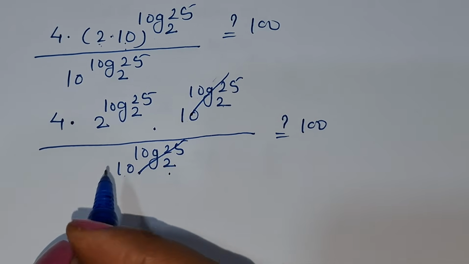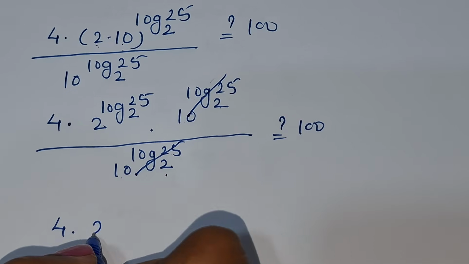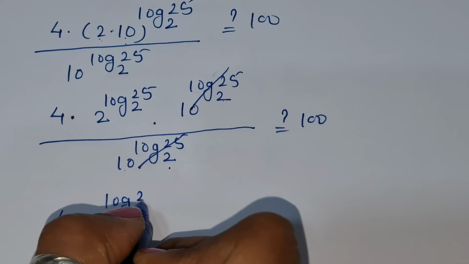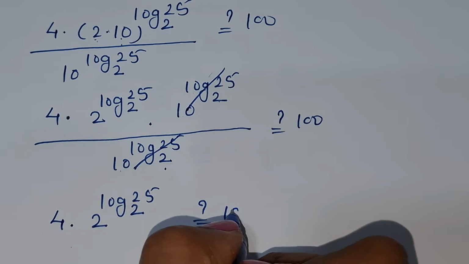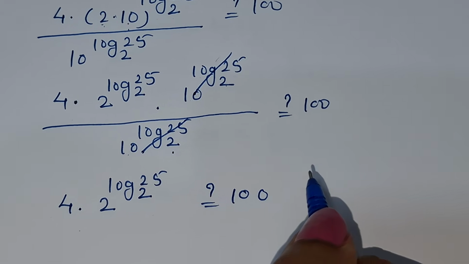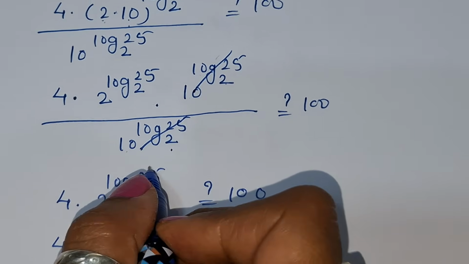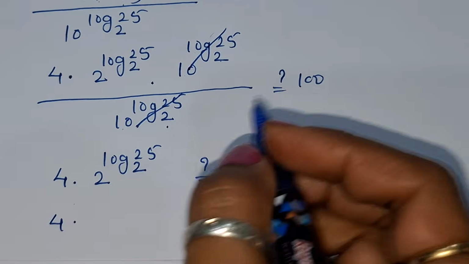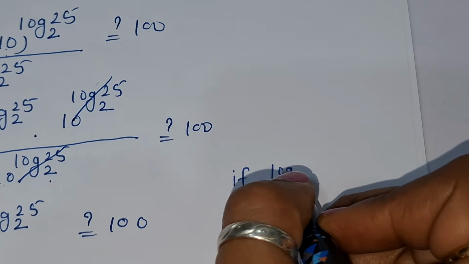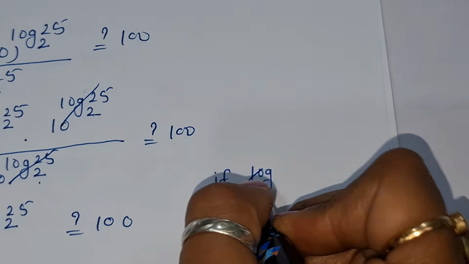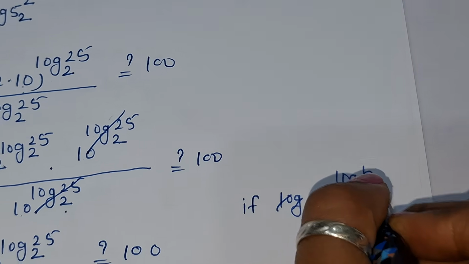Now the left term, we can write 4 times 2 power log of 25 to the base 2, question mark 100, right? Now we know one formula, that is a power log of b to the base a.